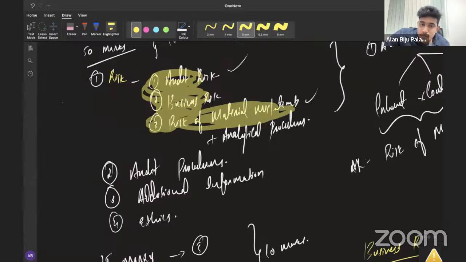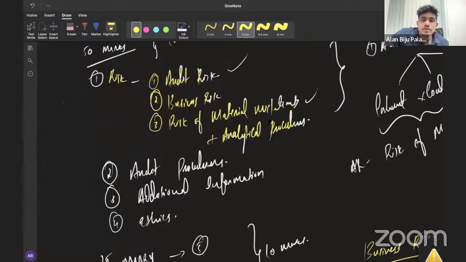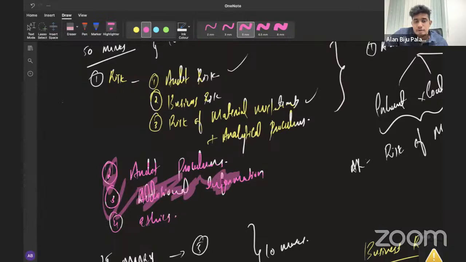Only one part of the question is asked with regard to risk, but the majority of marks will be for the other areas, which include the audit procedures, ethics, and additional information. So always give equal importance to risk as well as audit procedures, additional information, and ethics, because in most cases students spend unnecessary time writing answers on risk and skip the other elements.